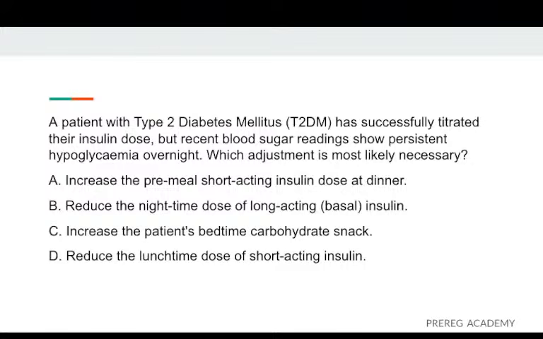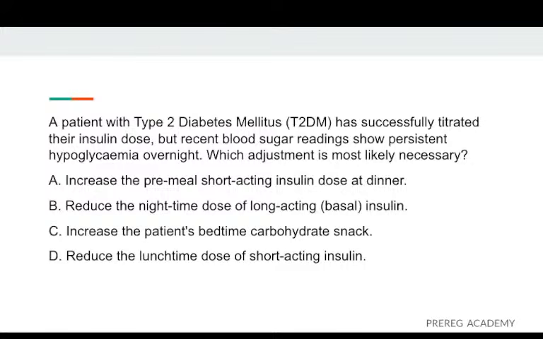What's first line for gestational diabetes? What insulin type is first line for gestational diabetes? So if the patient has hypoglycemia in the morning, you reduce the dose, okay?